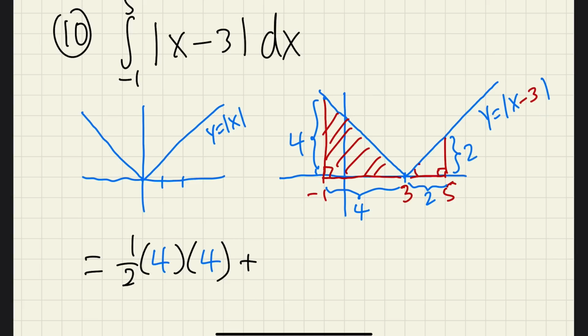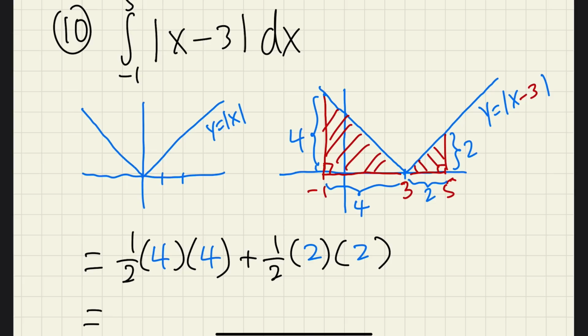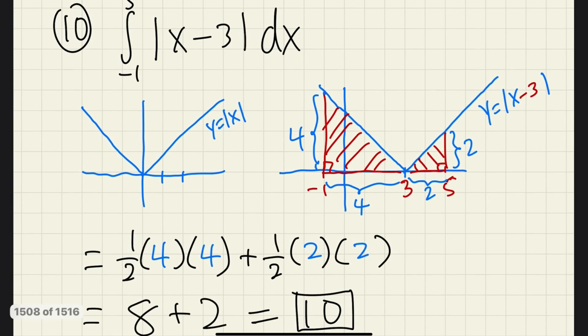So for this area, half of base times height, so we have 2 times 2. So now we just have to work this out. Half of 4 is 2. 2 times 4 is 8, plus 2. So altogether it is 10. So the answer is 10 for that. That's it.